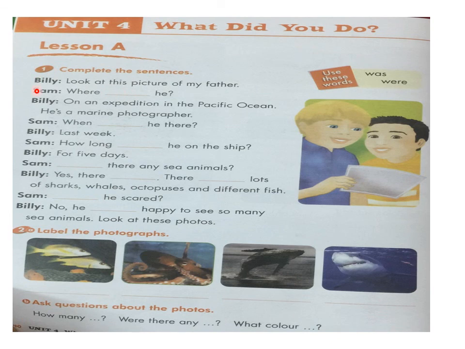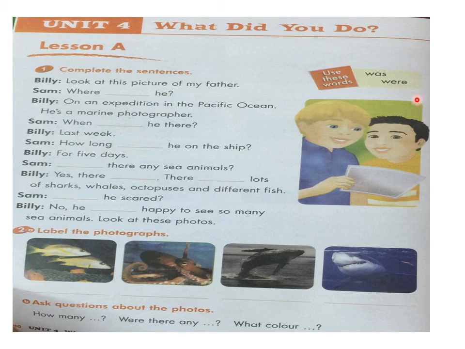Now, let's answer exercise 1. Complete the sentences. We have here a dialogue between Billy and Sam. You're going to use these words, was or were. We said was with singular, were with plural. Billy: Look at this picture of my father. Sam: Where was he?